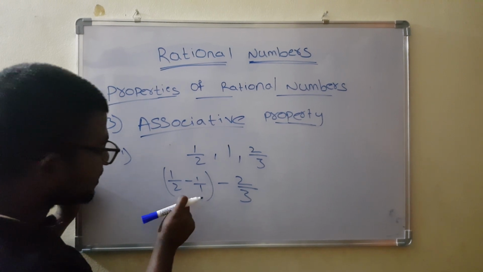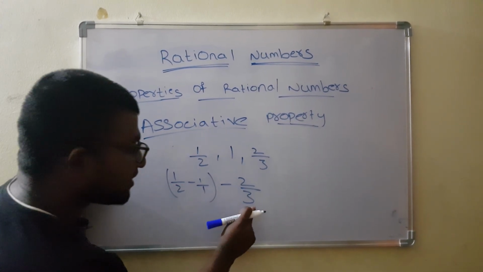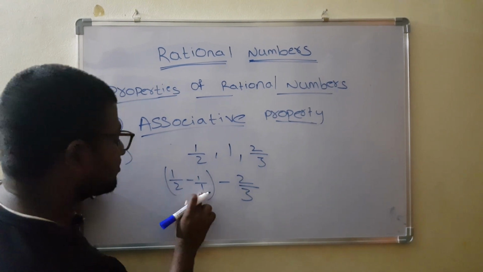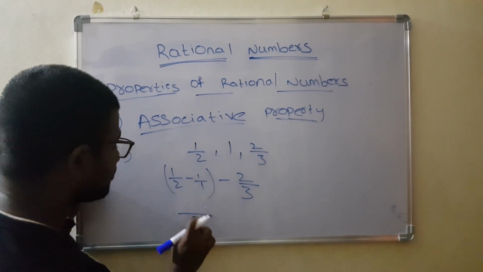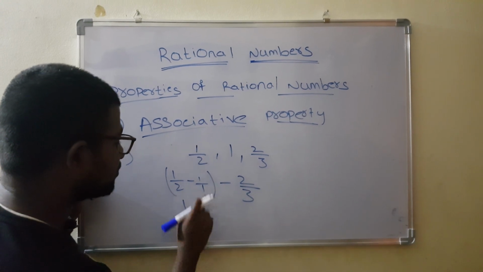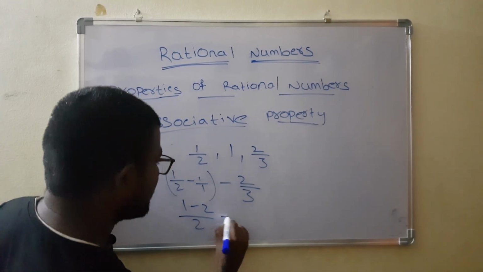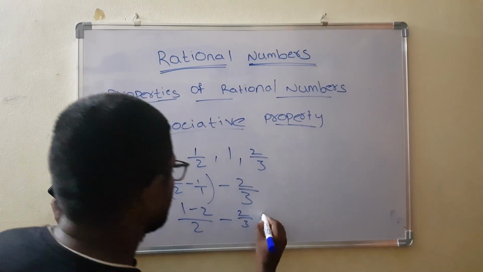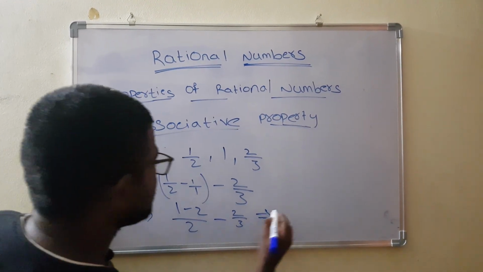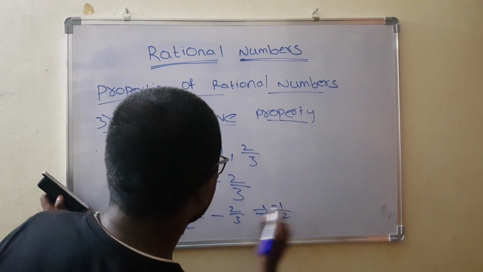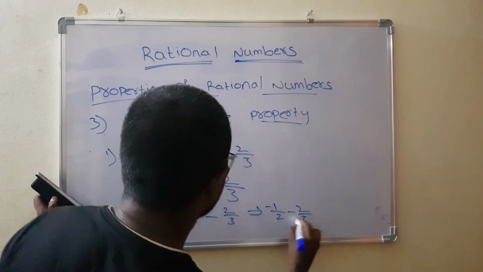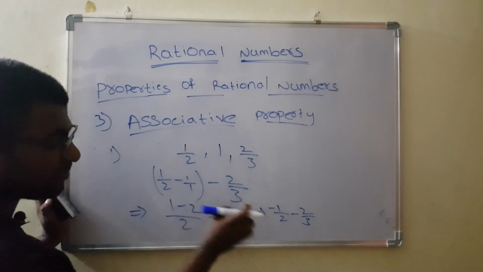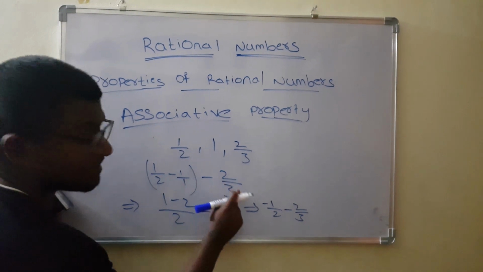After getting the result of these numbers, we can subtract with this number, we get one result. That is 1 minus 2, minus 1 by 2, minus 2 by 3. We combine the result of these two rational numbers and subtract this number from this rational number.